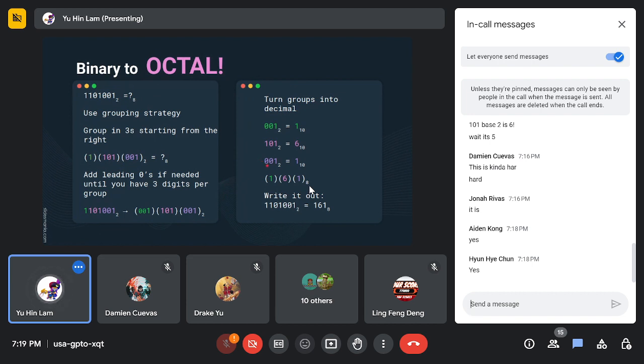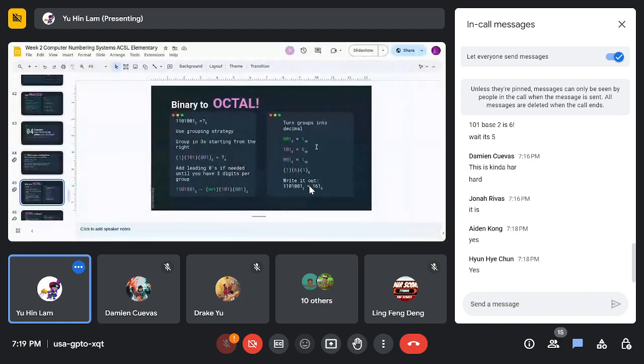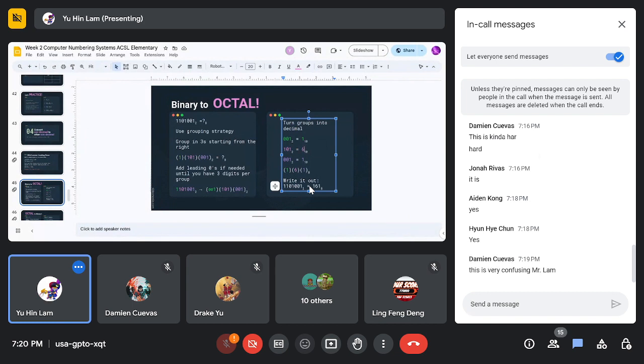And our last one, 001 base 2, is equal to 1 base 10. Sorry if this is confusing. Let me really quick change that so it isn't as confusing. Actually 5. So our final number is actually 151 base 8.